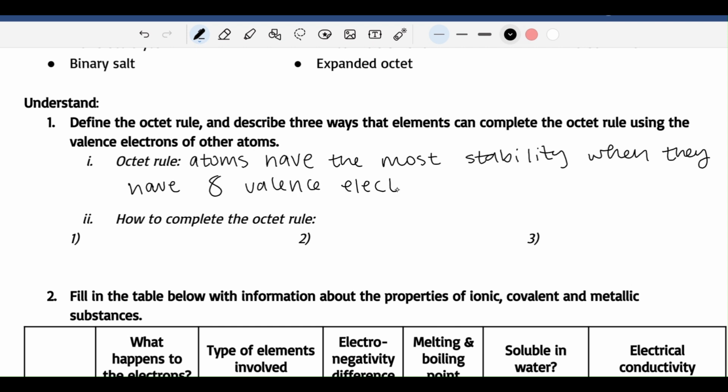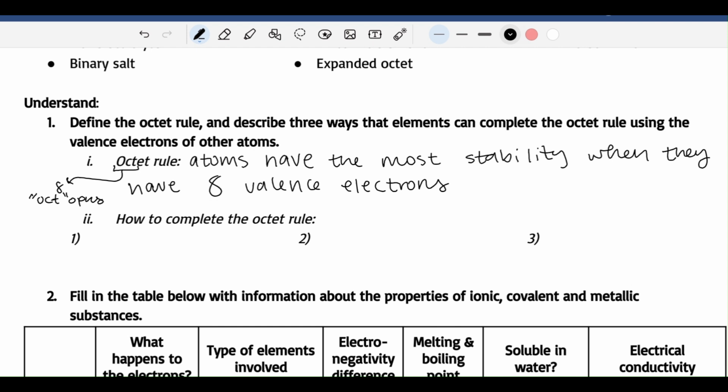We know this. We've talked about this all the past unit or two. An easy way to remember octet rule is oct means 8, just like in octopus. Has 8 tentacles or whatever.